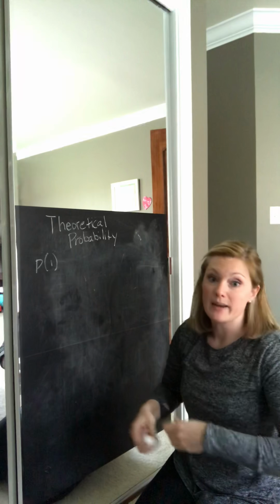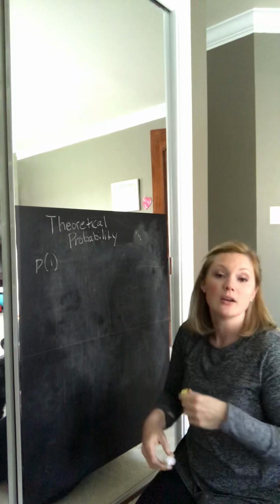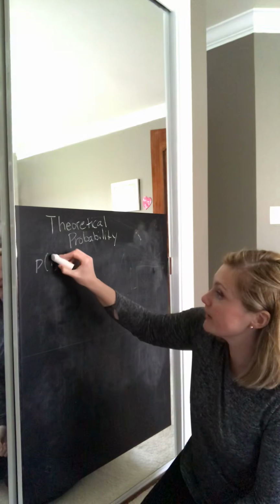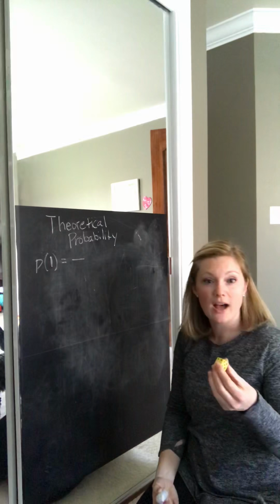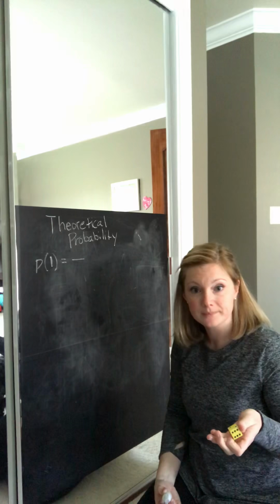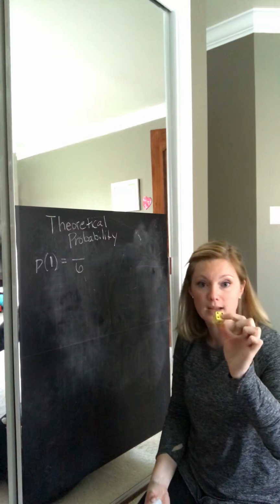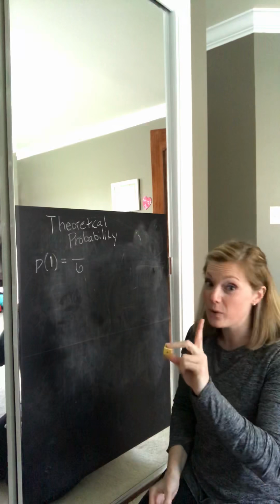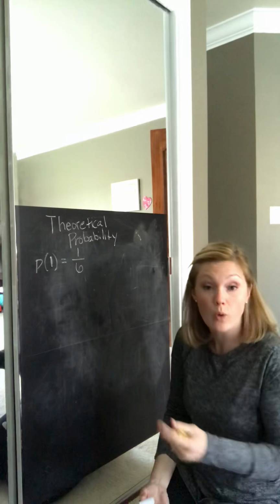It's in theory, based on facts, based on math, based on what we know about this die, what's going to happen. Okay, so the probability of rolling a 1, so I've got a total of how many outcomes? Okay, 6, because I've got numbers 1 through 6 on here, and there's only one 1, so that's going to be my numerator. So my probability of rolling a 1 is going to be 1/6.